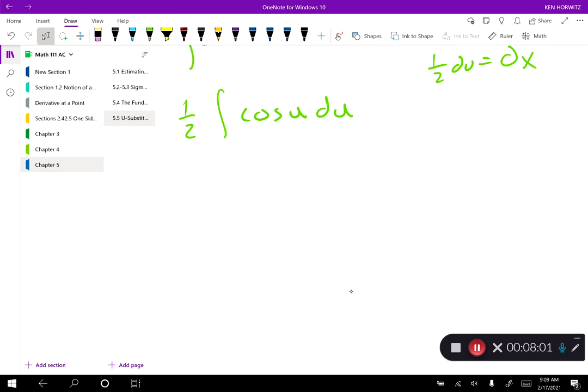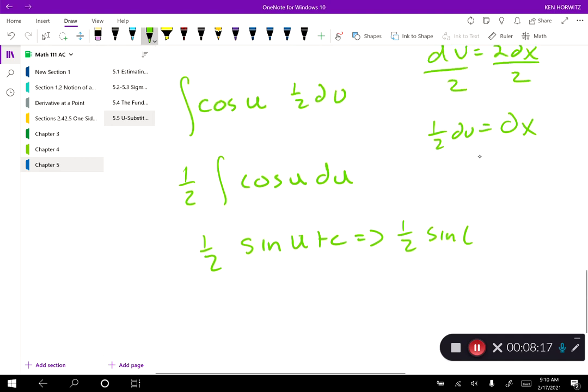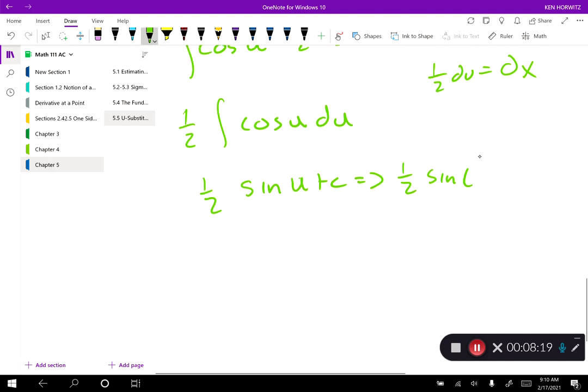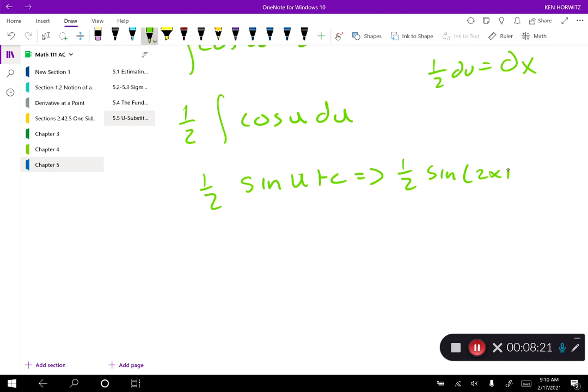Because integration is going backwards. What function has a derivative of cosine, and it's sine. So I have 1/2 sine u plus c, and then I need to substitute back. My u is 2x plus 1, plus c. And there you go.